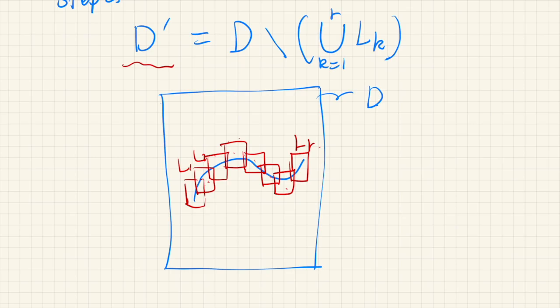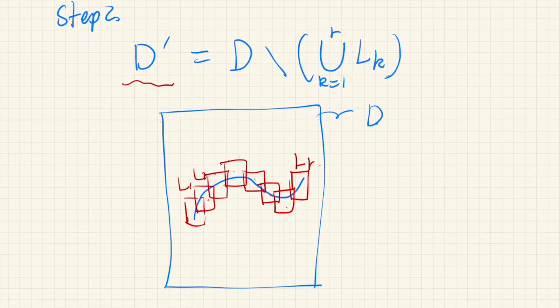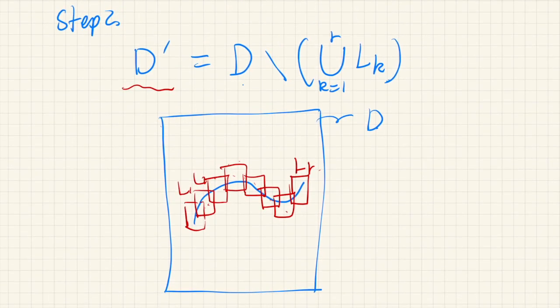By the way, D is a bounded closed set, and D prime is also bounded and closed. Why is it so?